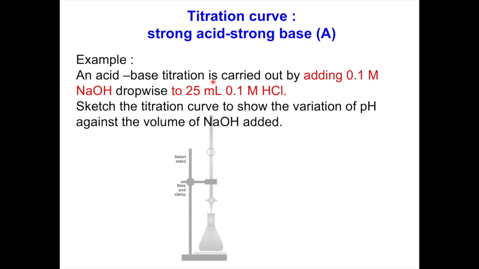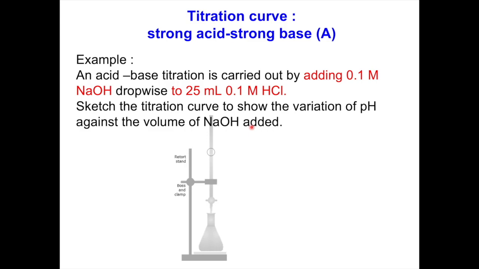Example: an acid-base titration is carried out by adding 0.1 molar sodium hydroxide dropwise to 25 ml of 0.1 molar hydrochloric acid. Sketch the titration curve to show the variation of pH against the volume of sodium hydroxide added.